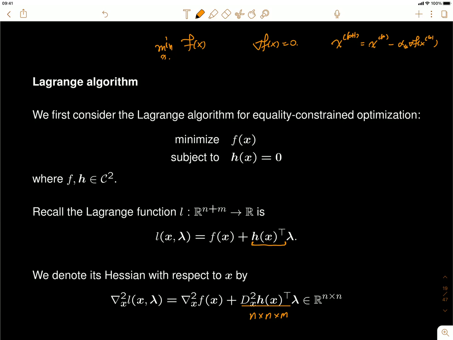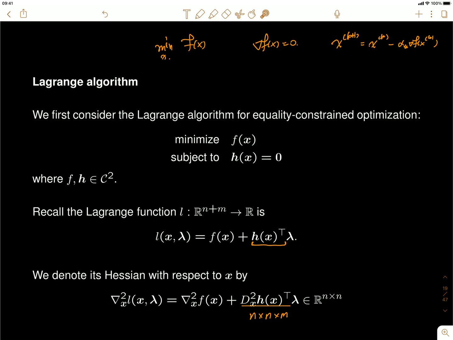The reason is that you have m components of H, and each of these components, when you take the Hessian, gives you an m by n matrix. So you have m of them stacked together. That's this term.